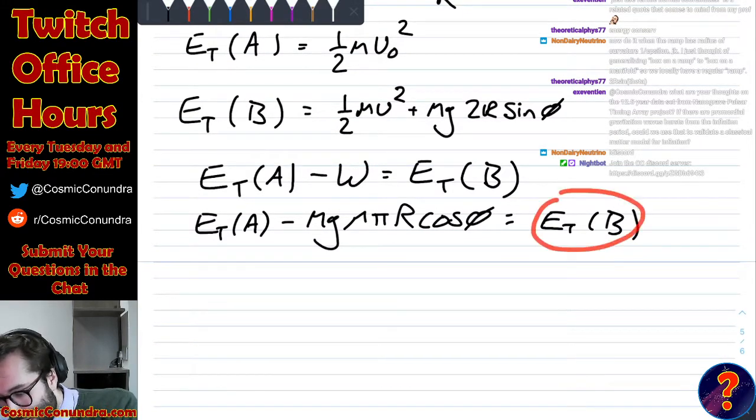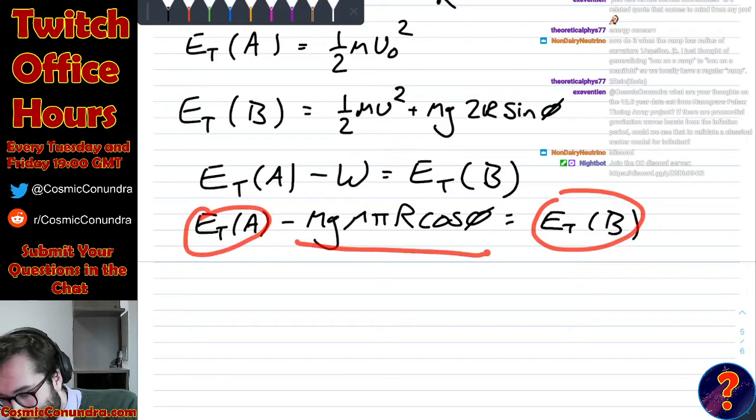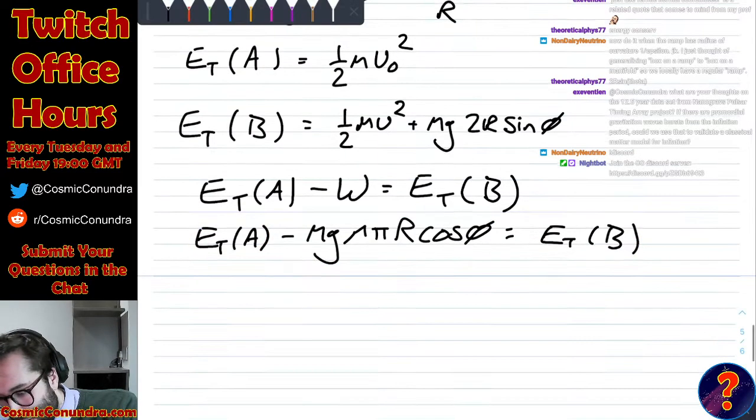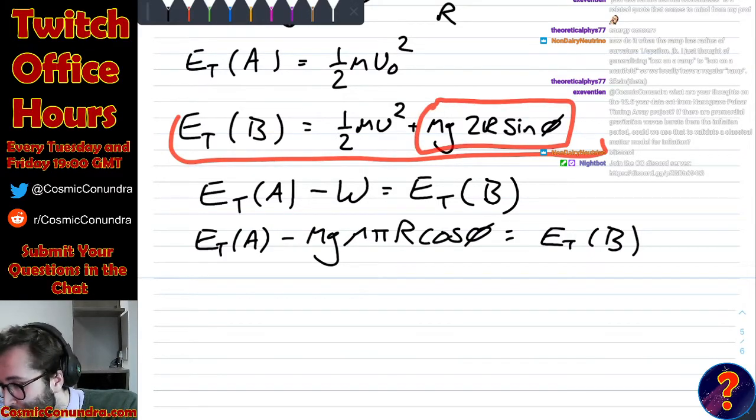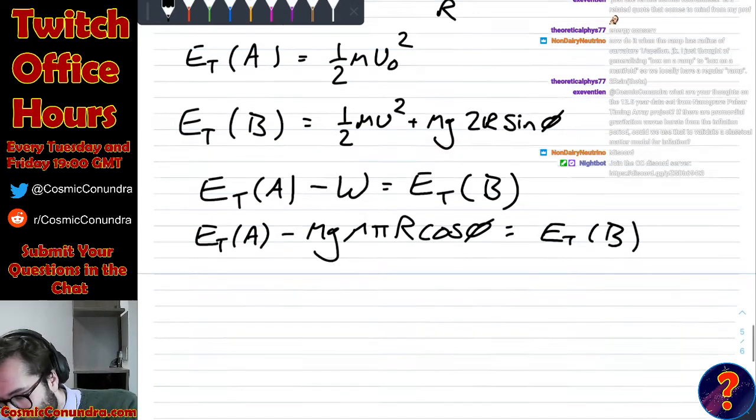So E total at B is just E total at A minus this thing, and now from the E total at B we want to get rid of this term here, so we're going to also subtract from both sides mg 2r sine phi.